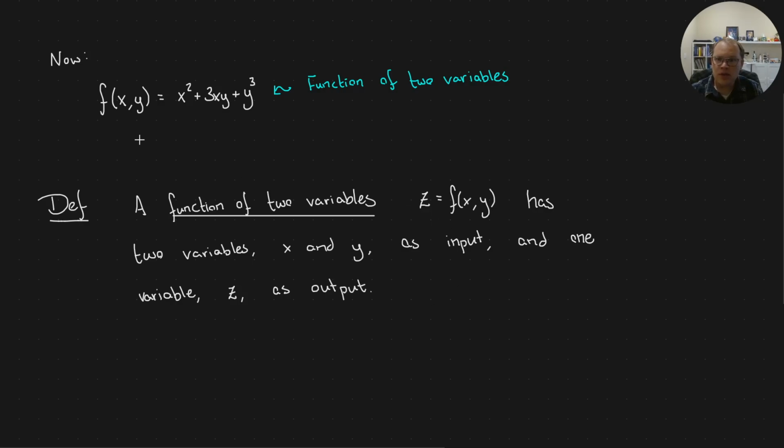Okay, notice just like with single variable functions, if I were to write f of x equals 3x squared plus 2, you know x is what we plug in, but then what it spits out, the f of x value, we treat as the y value, right? Similarly, in this case, we are plugging in two values, x and y. The output value, the f of xy value, is what we treat as the z value. Okay?